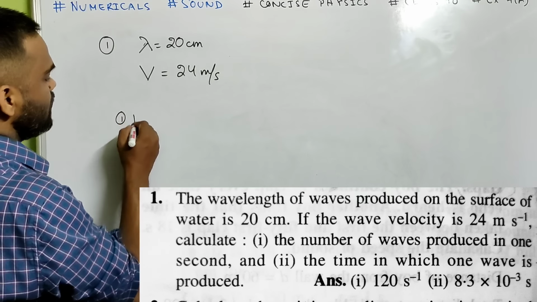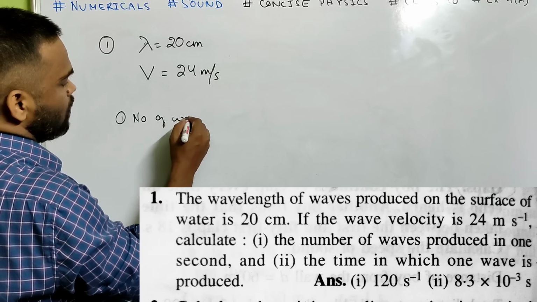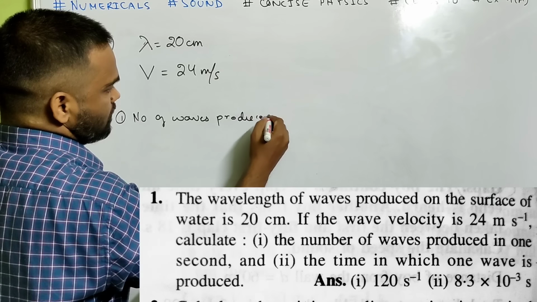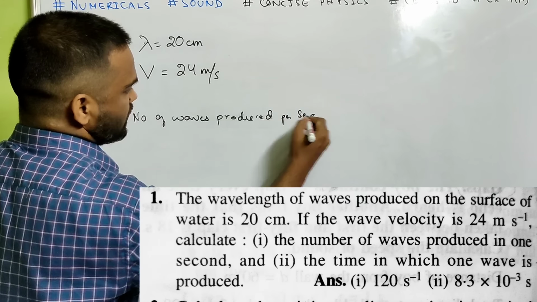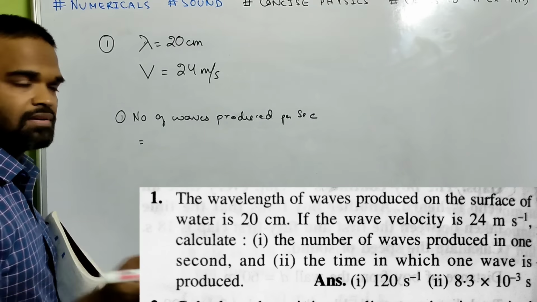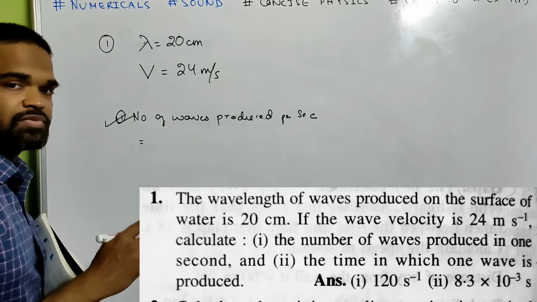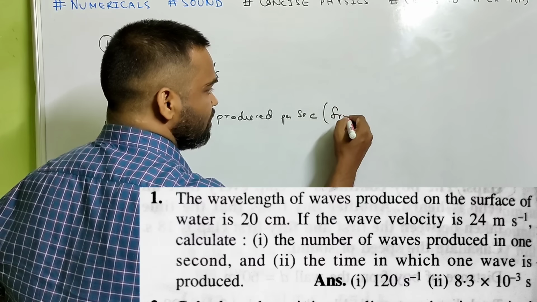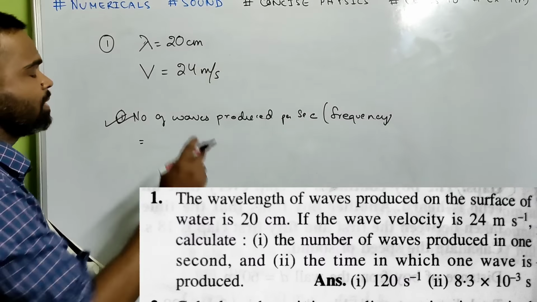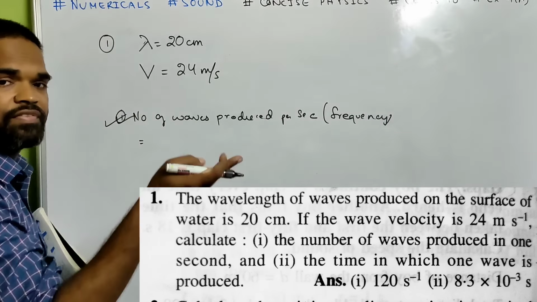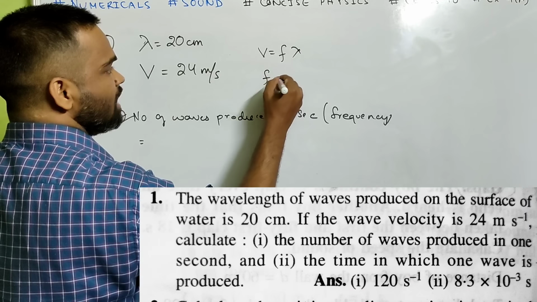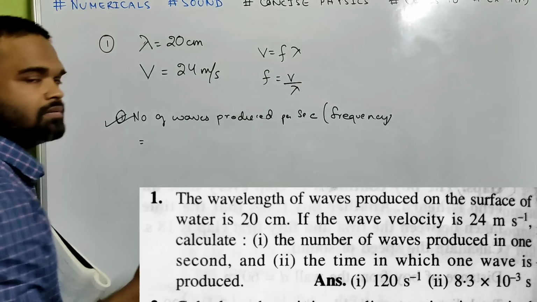First thing, number of waves produced per second. Per second. Very easy. Now, just remember the definition of frequency. Number of waves produced per second is nothing but frequency. Remember? And we have a relationship between wavelength, wave velocity and frequency. That is V equals F lambda, which means F equals V by lambda.